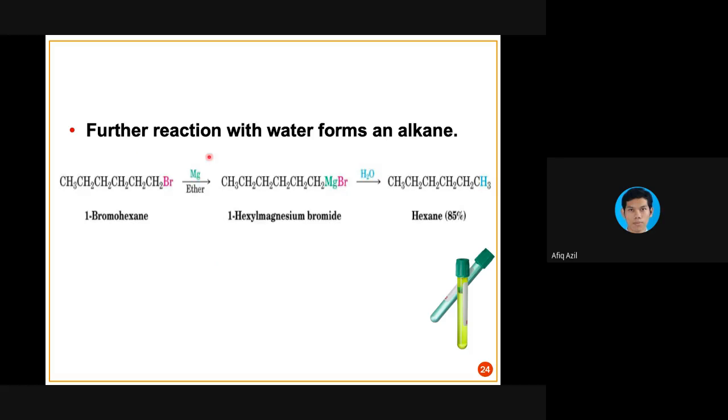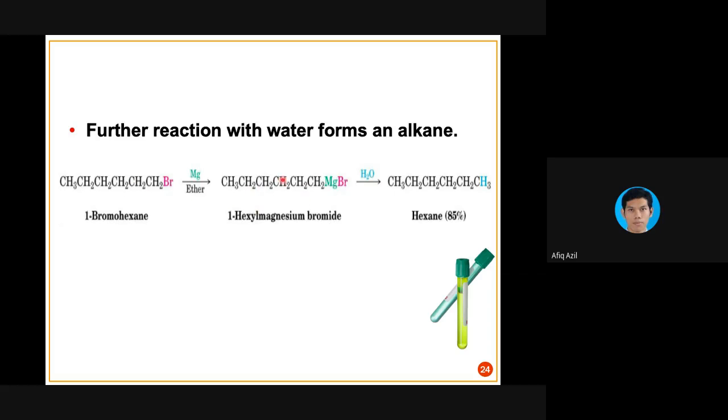So further reaction with water forms an alkane. For example, here you have 1-bromohexane, 1, 2, 3, 4, 5, 6 carbon, hexane, 1 bromine. This is primary alkyl halide. Why I said primary? Because this carbon is bonded to one other carbon over here, so primary.